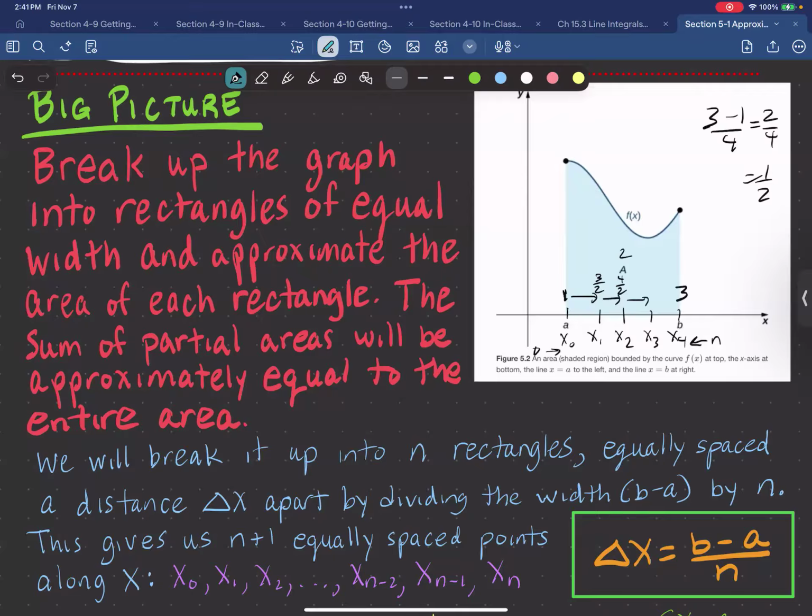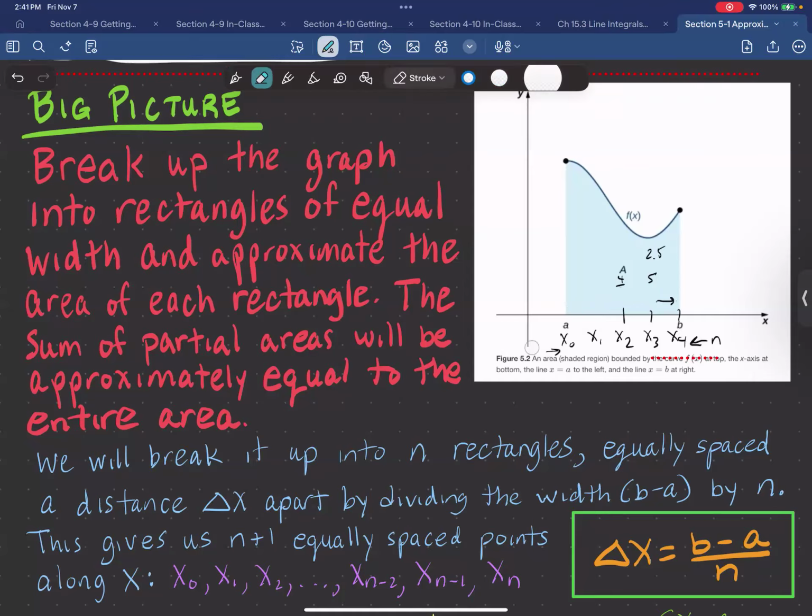Another 1/2, I get 5/2, 2.5. Finally another 1/2 and I get 6/2, which is 3. So that's how we are going to use those values in a little bit to help us figure out the area, as you'll see in the pictures coming up, okay?